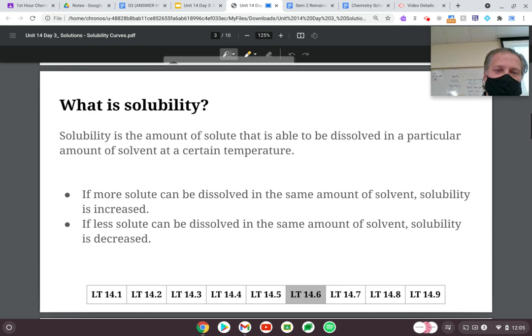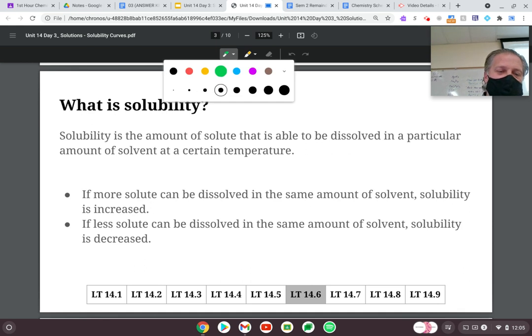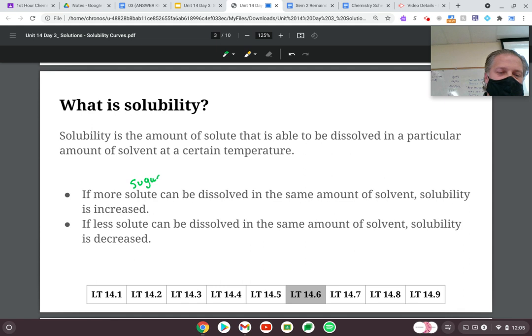In my example, if more sugar can be dissolved in the same amount of water, solubility is increased. If less sugar can be dissolved in the same amount of solvent, then the solubility is considered decreased.